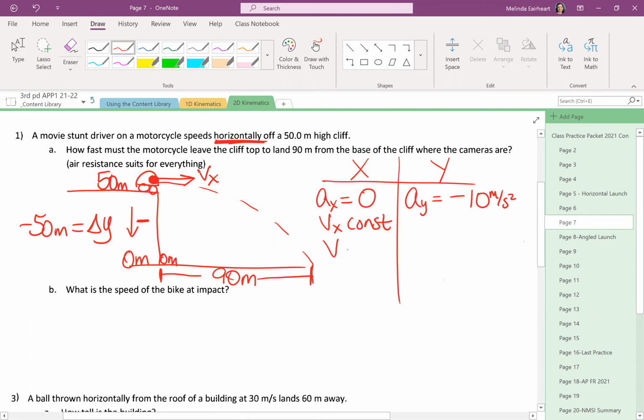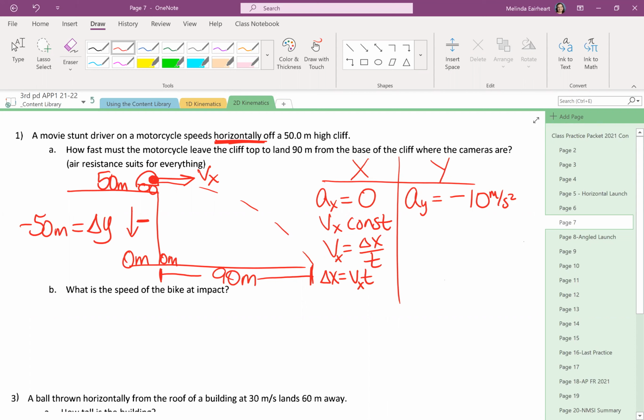You can either use the definition of velocity, displacement over time, or it turns out to be the exact same if we use the second equation. Okay, and the 1/2 t squared zeroes out. So those are the same equations. It's just solved for something different.